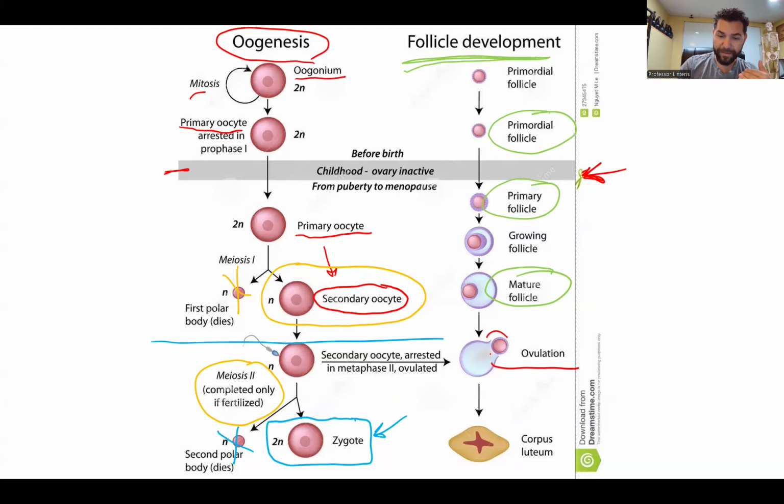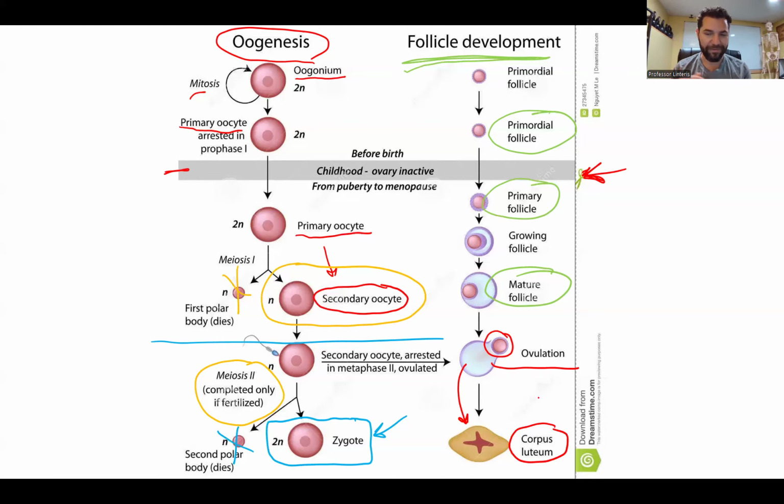Ovulation is when the secondary oocyte is basically ejected from the ovary. Then it goes down the fallopian tube into the uterus, maybe fertilized, maybe not. The cells that are left over, his buddies that he left behind, turn into a structure called the corpus luteum. The corpus luteum is important, especially if fertilization takes place, and we will mention that.